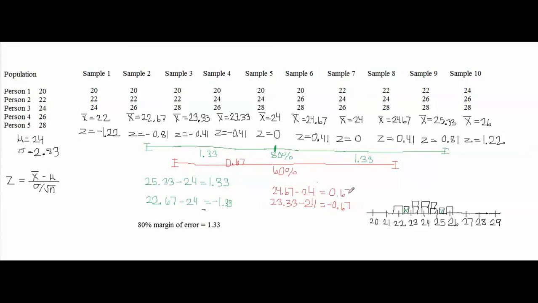So the distance from the sample mean at this boundary, at sample 8, to the middle, which is the population mean of 24, is 0.67. So 0.67 is the distance from the two boundary points of the middle 60% to the population mean of 24. So we would say that the 60% margin of error is 0.67.